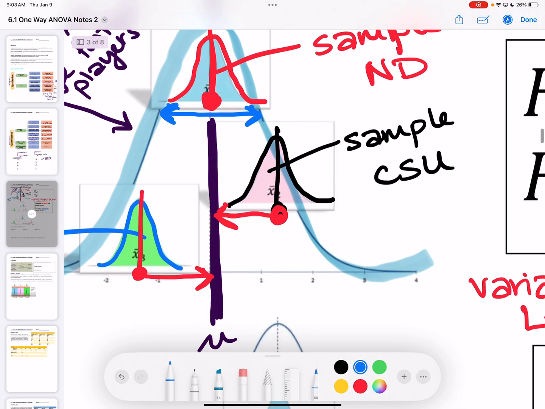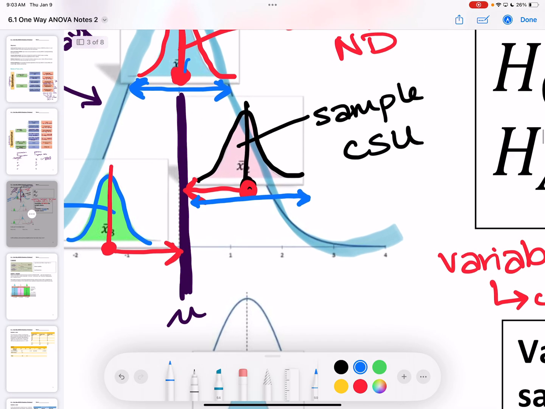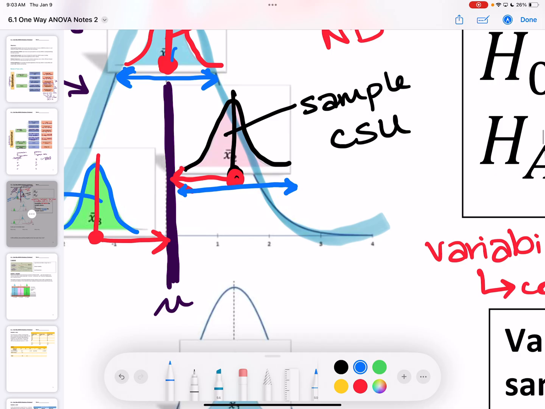Whereas this one, CSU, those football players have weights where some of them actually weigh more than my population. Do you see that? So all of those weights are above the mean. All the variability is up here.